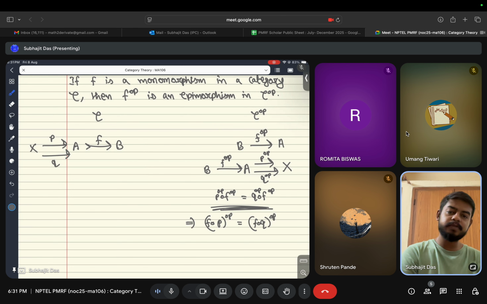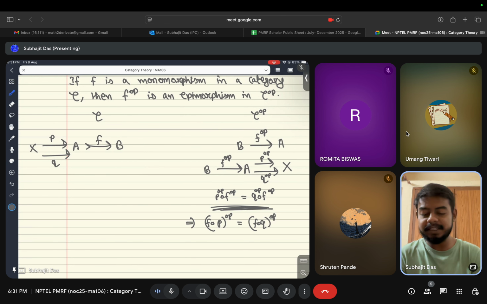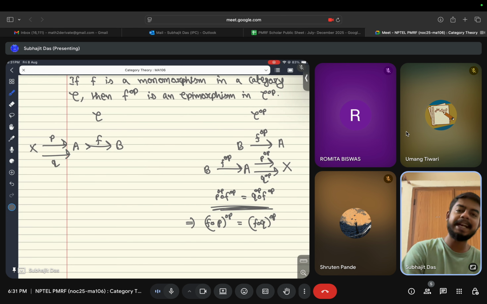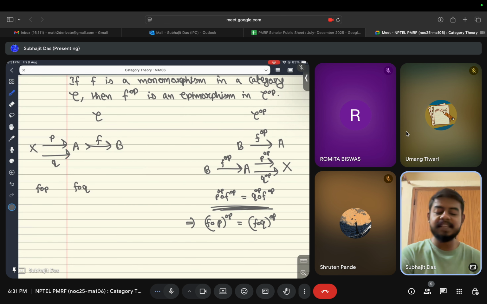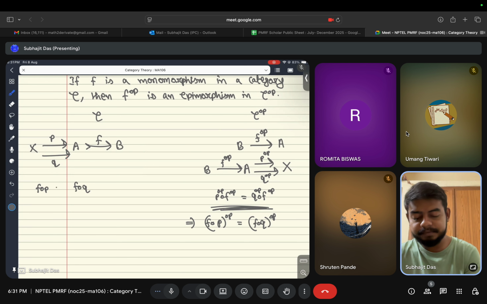So F composed with P is an arrow in C. Take the op, you get an arrow in C op. This is equal to F composed with Q op. So these two arrows in C op are equal, right? By our definition of C op, this exactly means that the original arrows F composed with P and F composed with Q in C are also equal.